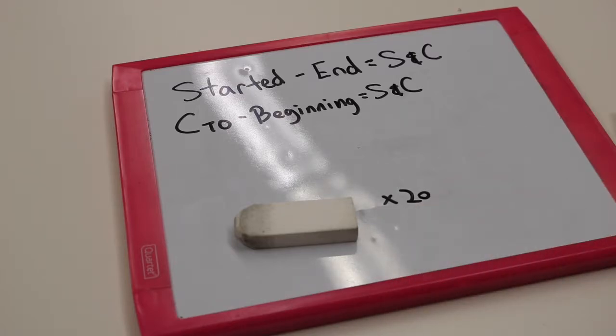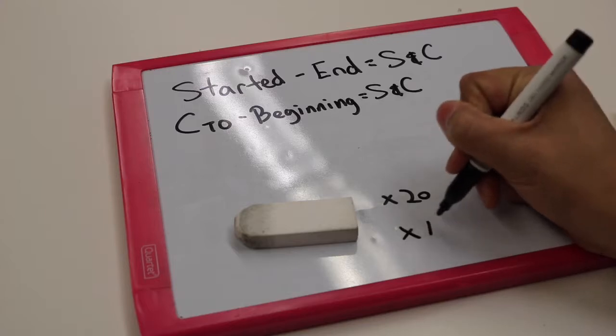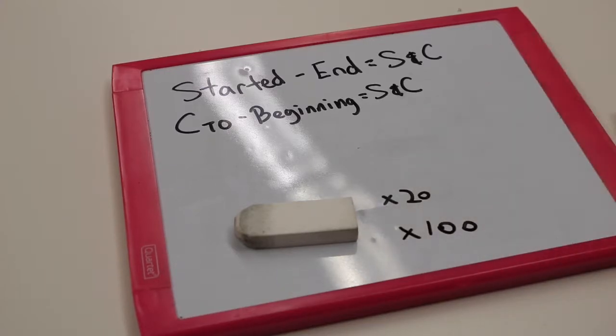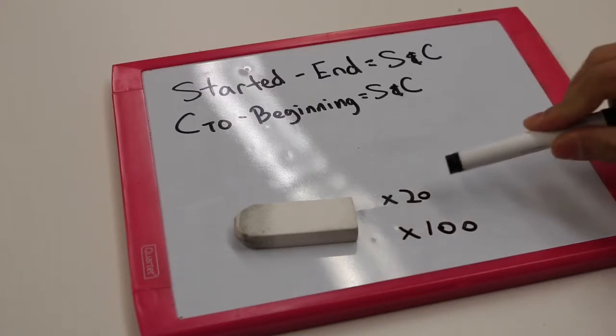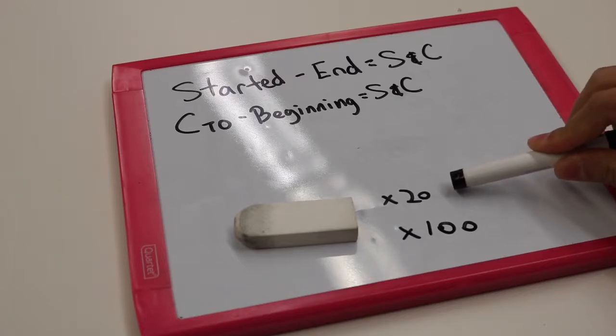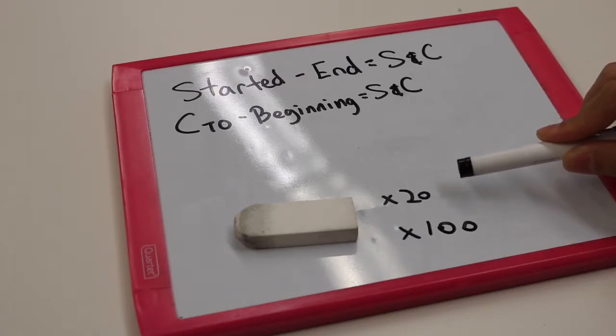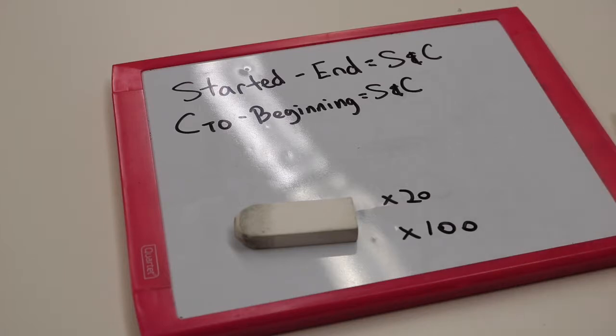And if you succeed, you'll have completed and transferred out 120. However, you will have only started and completed 100, because the 20 that came from yesterday were started yesterday, and you started and completed 100.